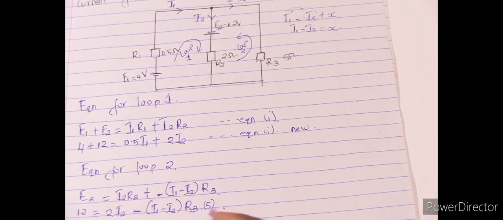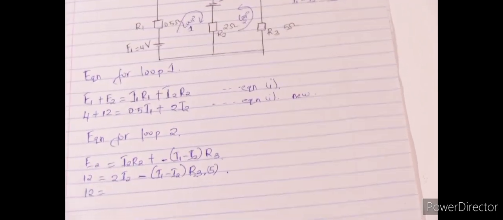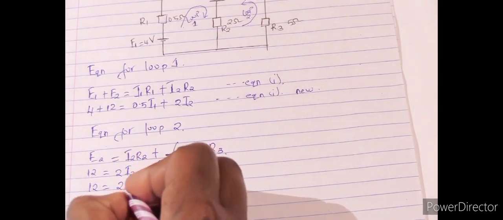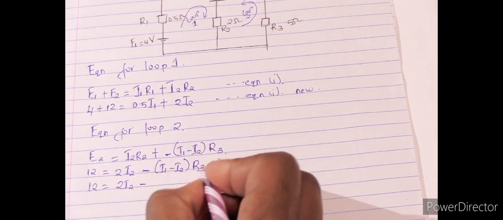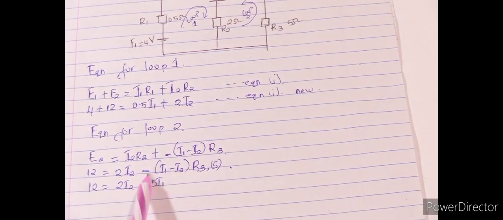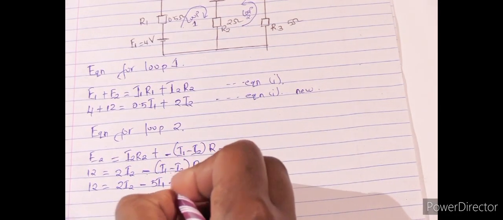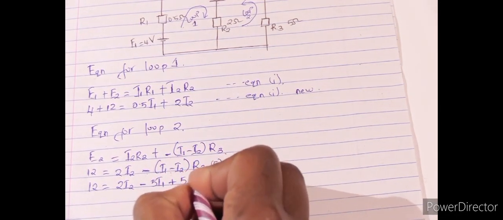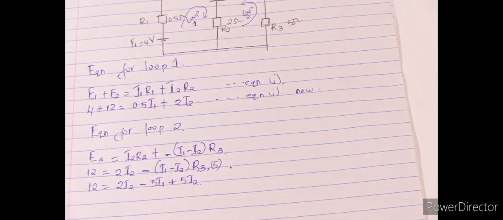So we substitute further and we open the bracket. We are going to have 12 equals 2I2 minus 5I1. When you multiply a negative and a negative, it's supposed to give you a positive. So you're going to have plus 5I2. We collect like terms.